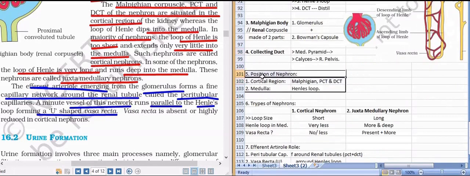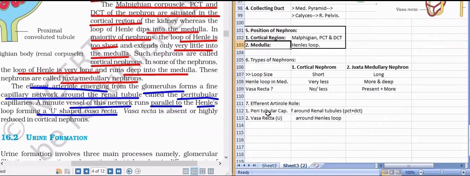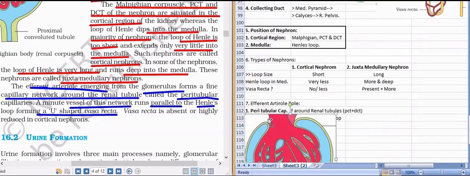Position of nephrons: cortical region, medullary region. Types of nephrons: one is the cortical nephron, the other the juxtamedullary nephron. Last, peritubular capillaries around the renal tubules, and vasa recta around Henle's loop.